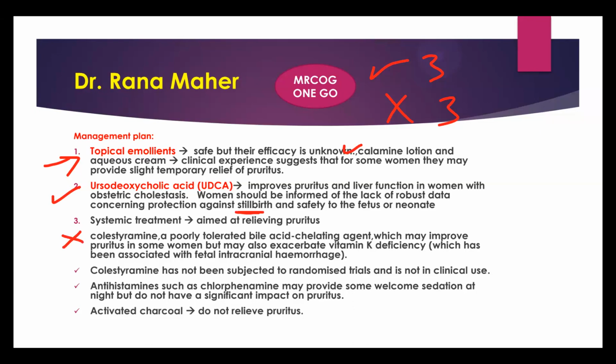Why? Because it will exacerbate the vitamin K deficiency, and it hasn't been subjected to randomized trials and is not in clinical use. So remember 2 things about cholestyramine: it will exacerbate the vitamin K deficiency, and it's not in clinical use.